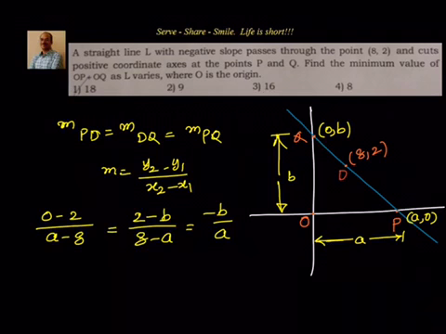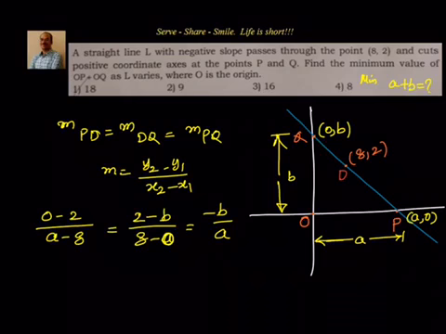Now from this we have to get a condition that lets us find the value of OP plus OQ. What are they asking us? They are asking us to find the minimum value of A plus B. Now let's take the first and second of these and cross multiply, because 8 minus 0 is 8.